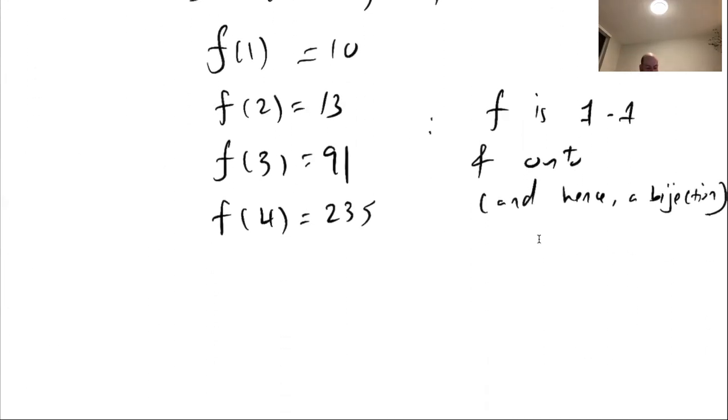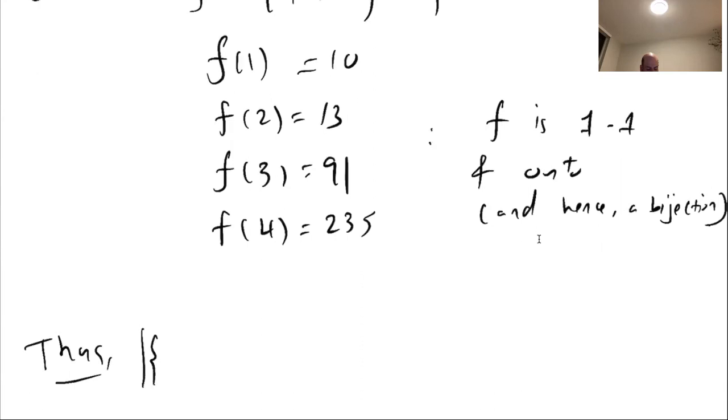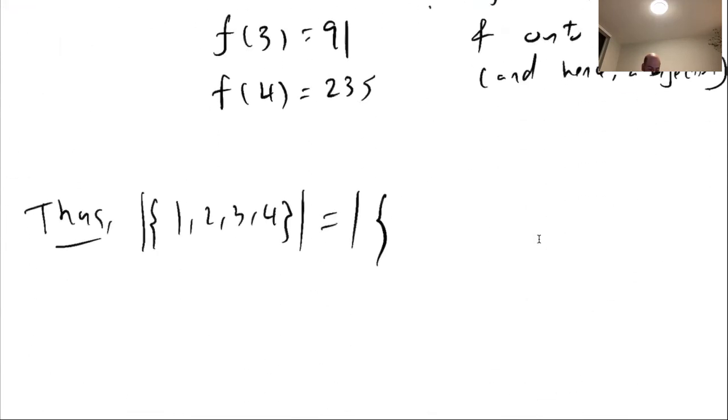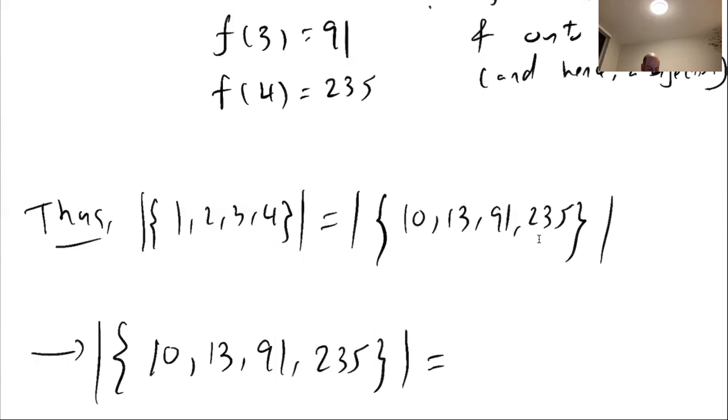So what does that mean? Thus, you can conclude that the cardinality of 1, 2, 3, 4 is the same as the cardinality of the other set, 10, 13, 91, 235. And this means the cardinality of the set 10, 13, 91, 235 is equal to 4.